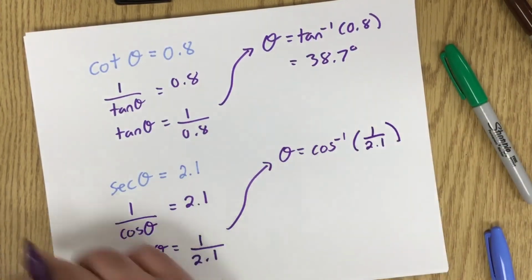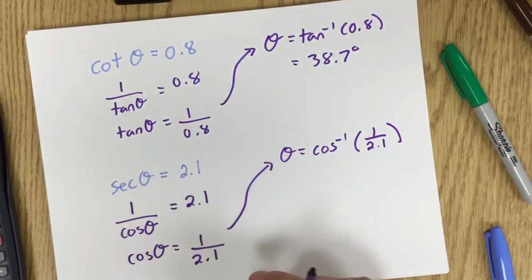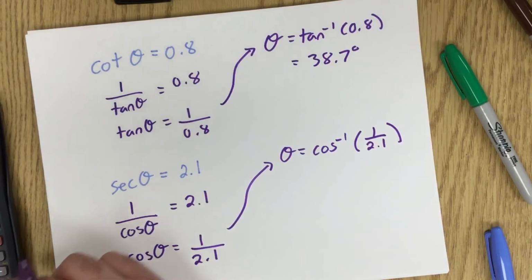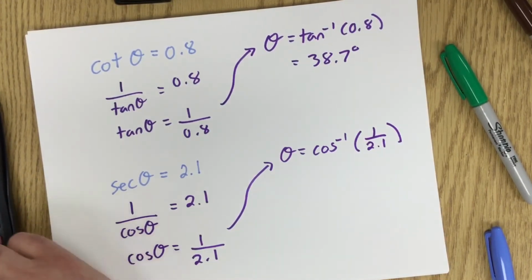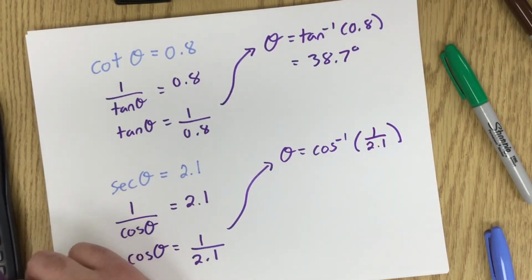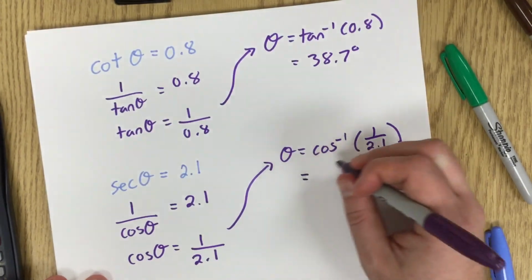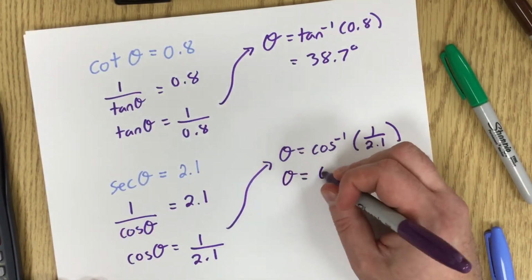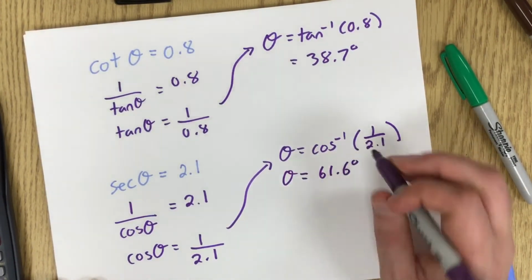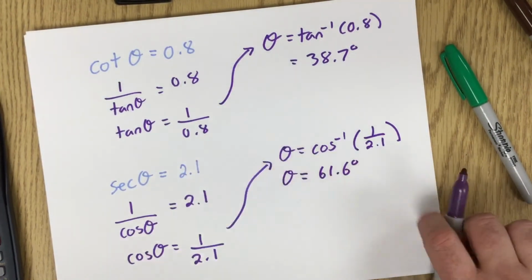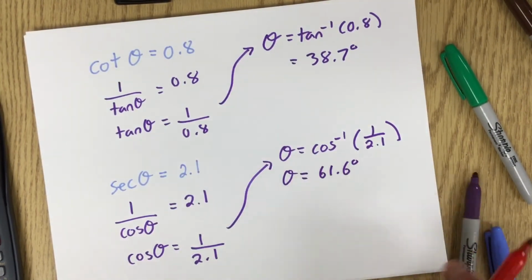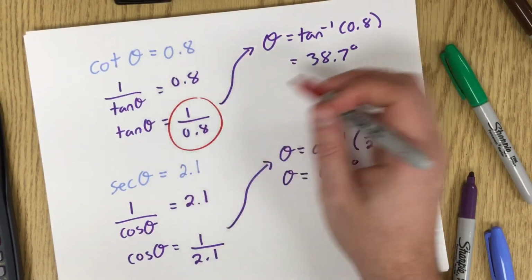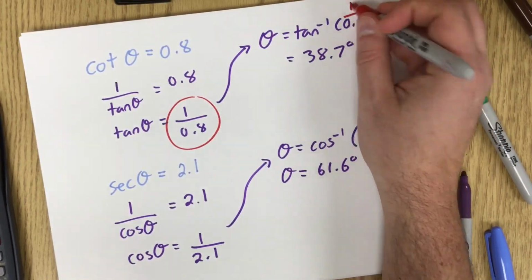What's the mistake I made in the previous question? So the inverse cos of 1 divided by 2.1. That's going to be 61.6 degrees. The mistake is that over here, it's 1 over 0.8, and then somehow I obliterated that.